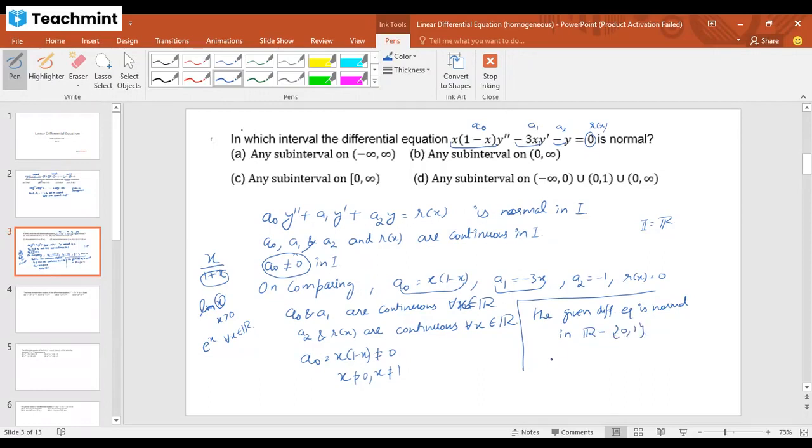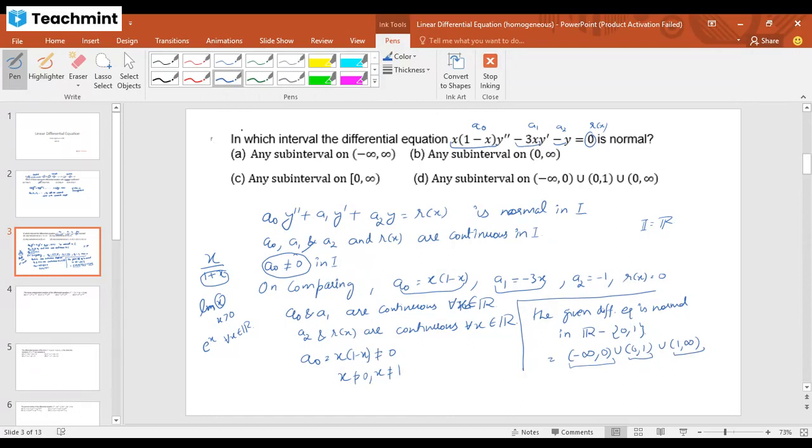In other words, we can say that it is minus infinity to 0 union 0 to 1 union 1 to infinity, and this is the biggest interval for which your differential equation is normal. It may be possible that we are given only this interval, or only this interval, or only this interval. So this is the biggest or largest interval for which the differential equation is normal.